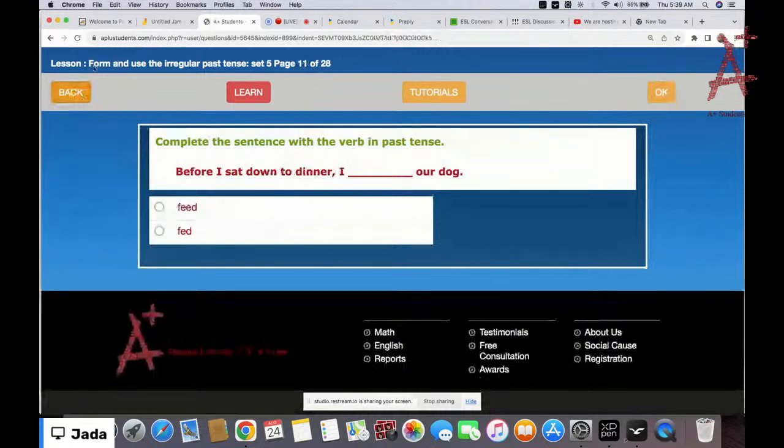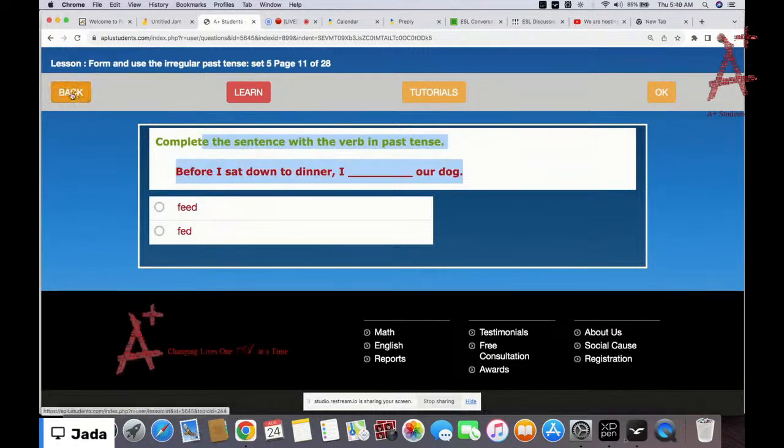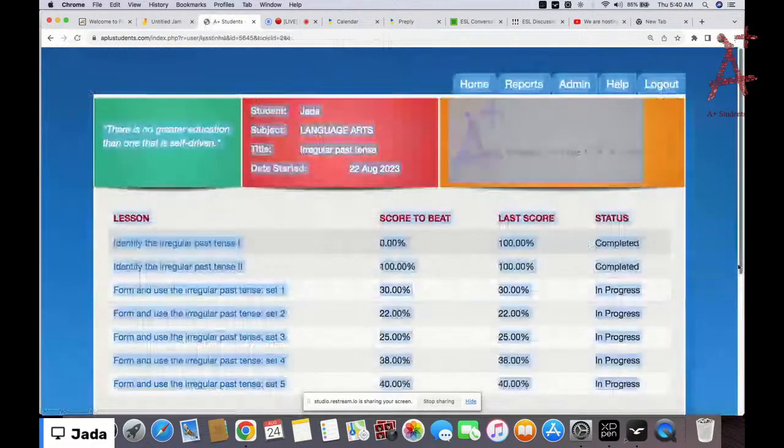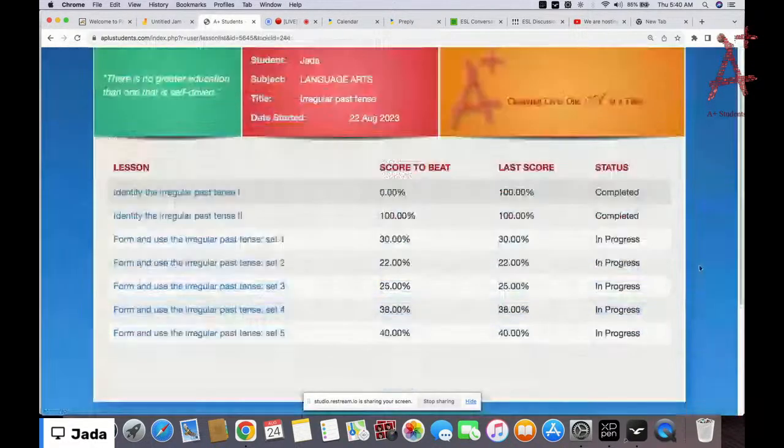You just have to remember them. They do not have ed or d to them. So obviously you don't have that. Okay, if you've not done the test for this particular lesson, you have to try to finish this chapter. Okay, this is very easy, and once you're done it's going to show completed, so you should get completed on these ones.